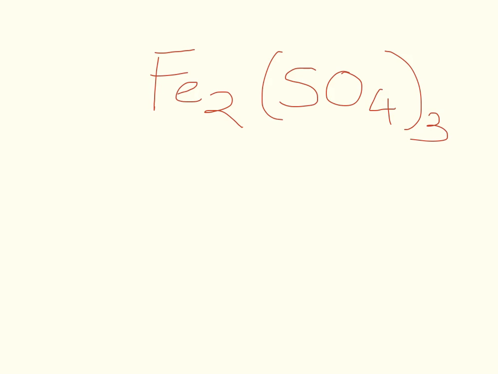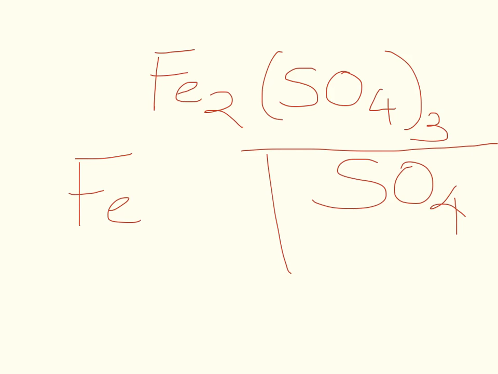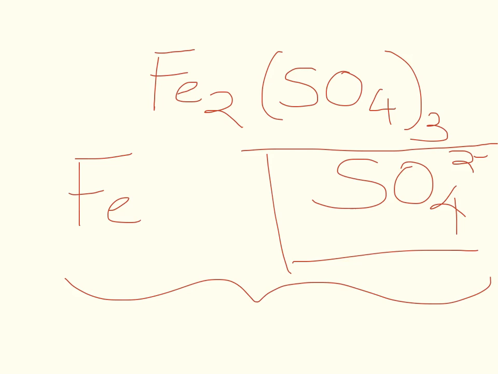When you break this compound up, first of all, you have iron as the cation and sulfate as your anion. And if you remember, sulfate is SO4 2 minus. So this is a little bit complicated in terms of how we write the name of this compound. So let's first master simple compounds in class, and then once we master simple ones, we will go with the complicated ones, which we will discuss in class.